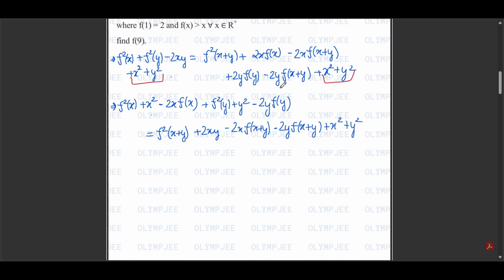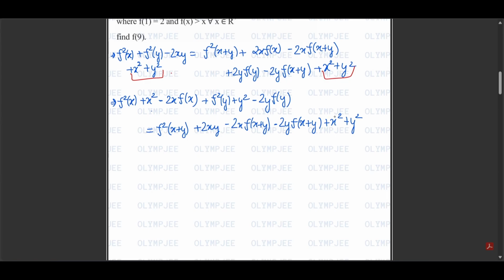Right. So this is suggesting that there would have been an (x+y) thing which is being squared, because x² + y² + 2xy is given. But there are additional terms also, -2x f(x+y) - 2y f(x+y), right? So this is suggesting that something of this form is given. So on the LHS it is quite evident that (f(x) - x)² was there, plus (f(y) - y)² was there, and here something like this is here.